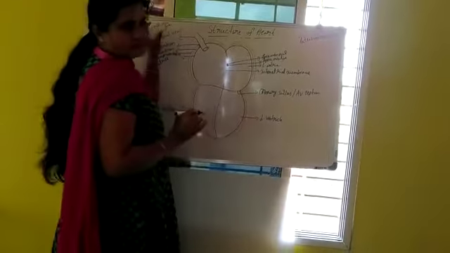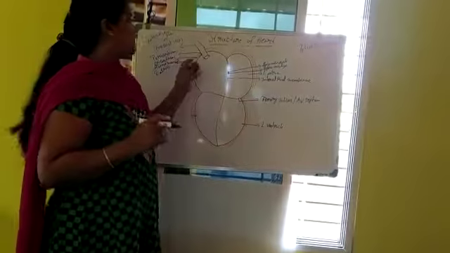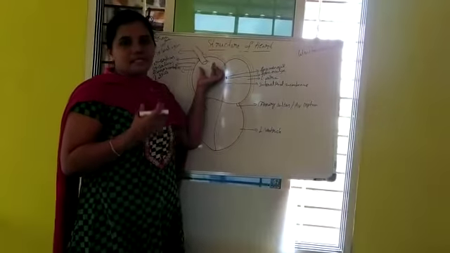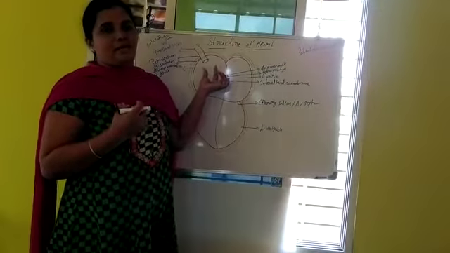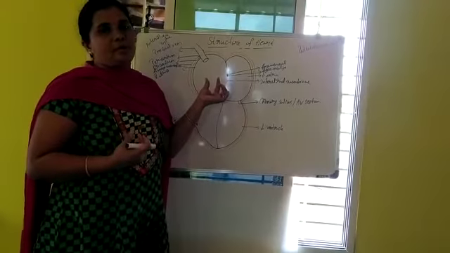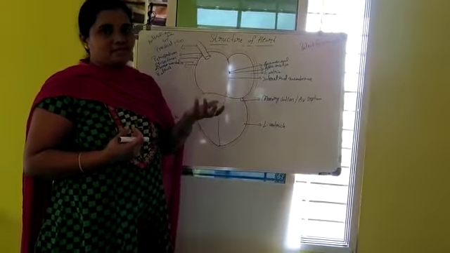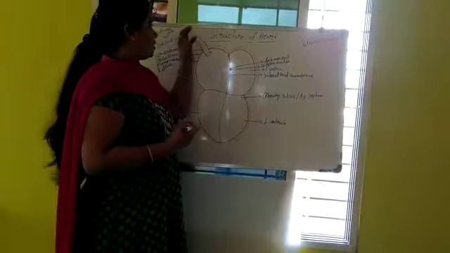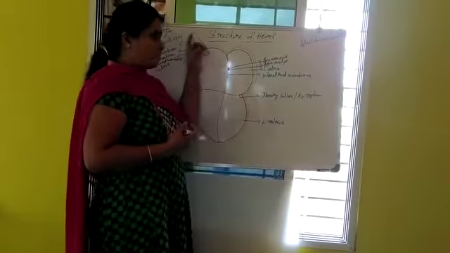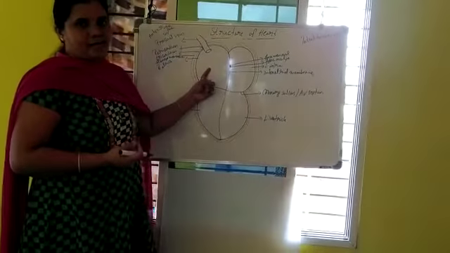Why? Because this precaval vein brings deoxygenated blood from the anterior parts of our body like head, neck, and chest, to the right atria.